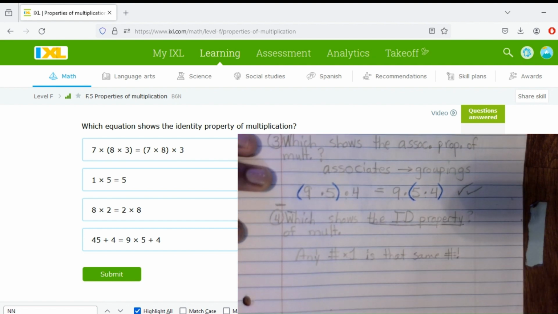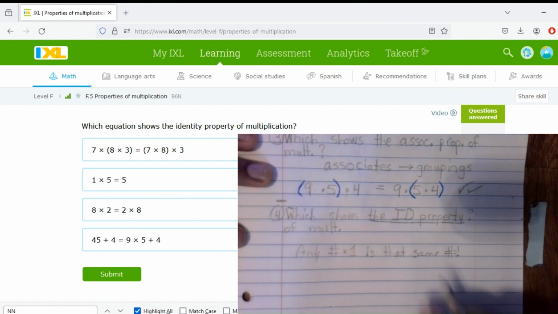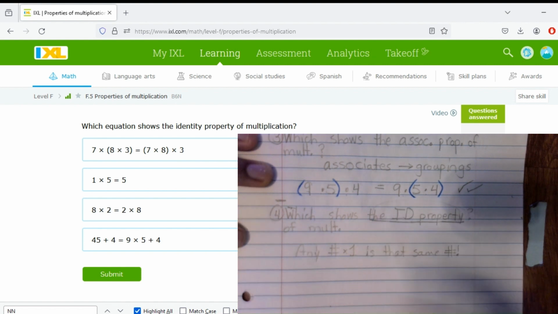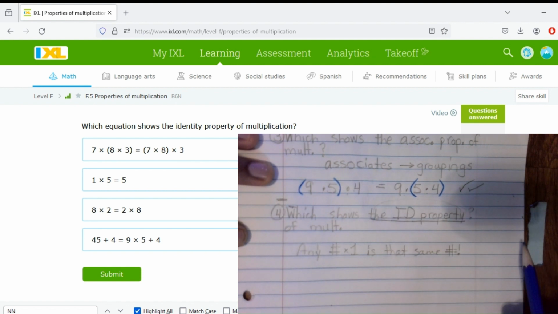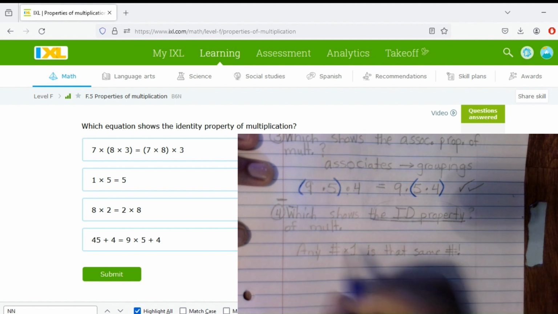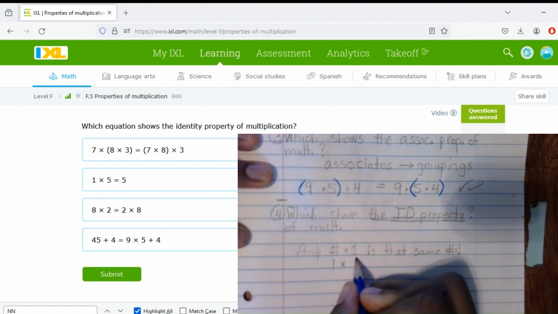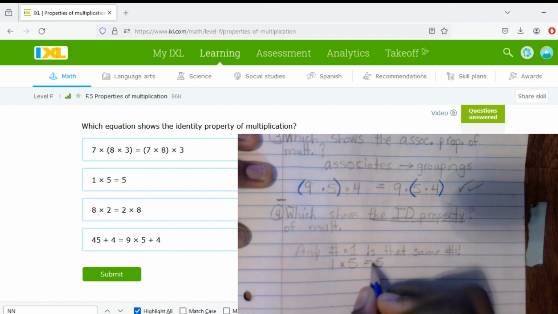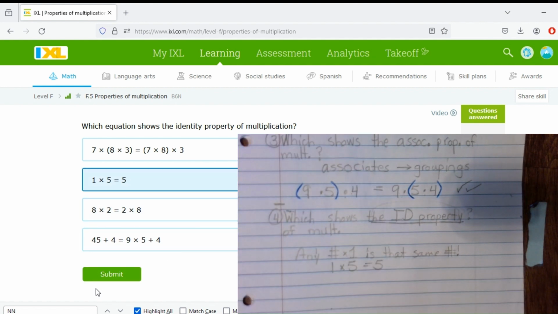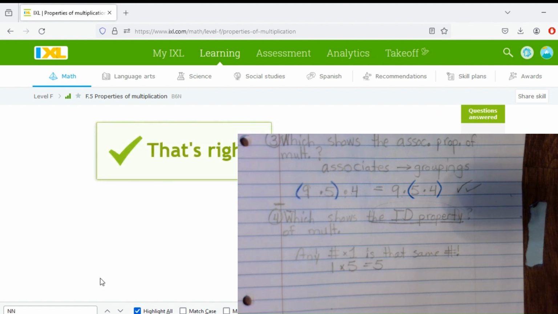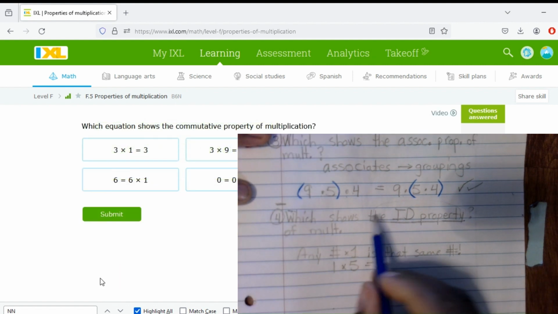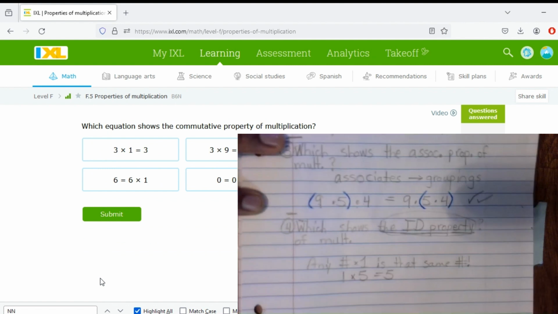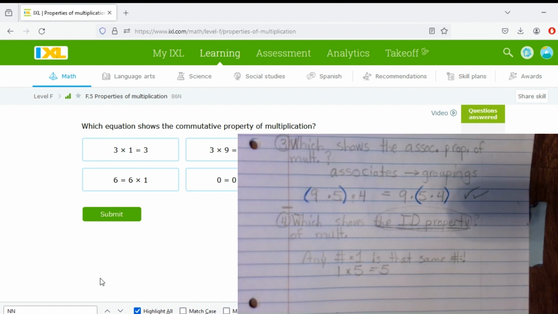The identity property is talking about when you get the same number back. You take a number, you multiply it by something, you get the same number back. So I see 1 times 5 equals 5. I don't have to guess. By writing it down and thinking about, okay, the identity property, when will the number's identity not change? Well, I'm able to remember my jingles and answer these questions.